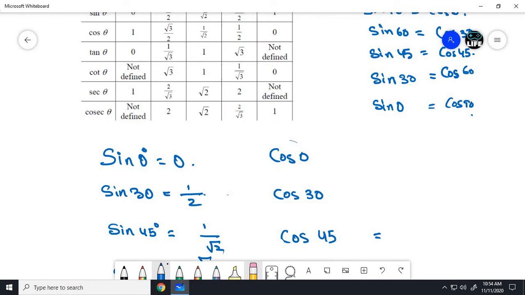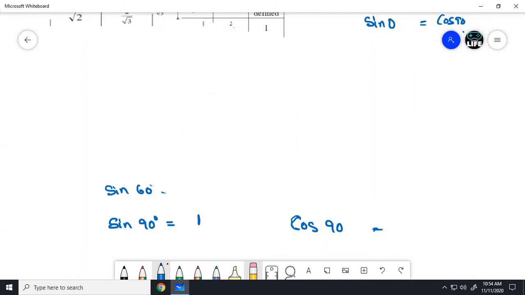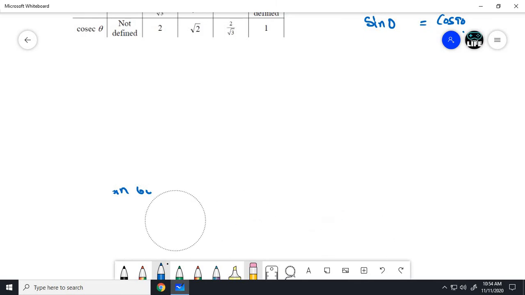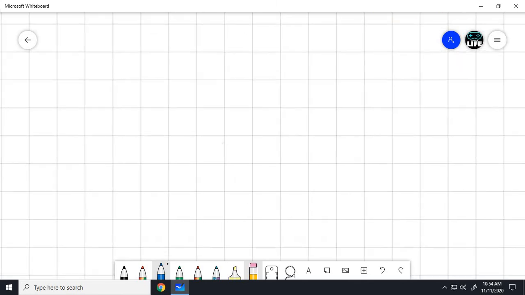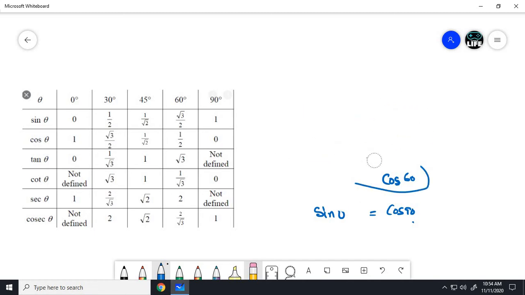So in that way, if you learn sine values, you can easily learn cos values also. Hope you understood. So friends, now let's learn tan values. How to get tan values? I'll tell you.